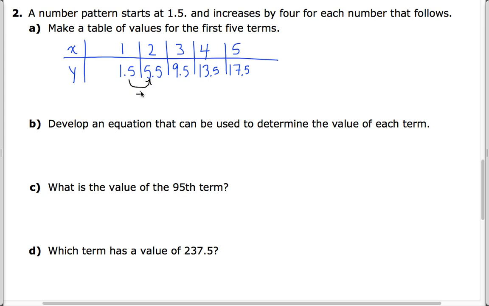So the change in y is going up by 4 each time. And the change in x is going up by 1.